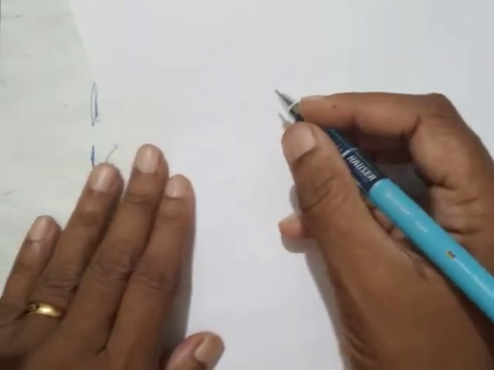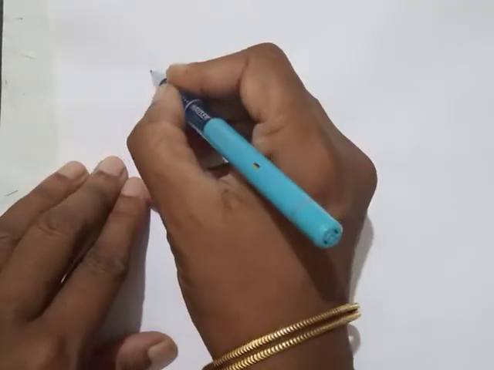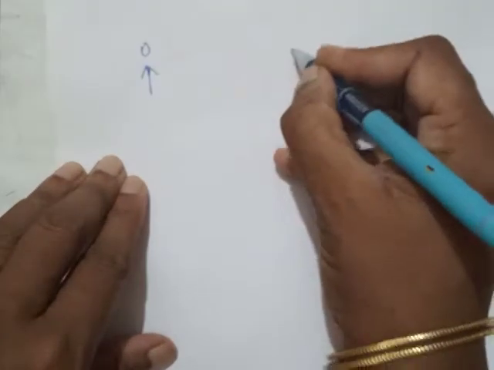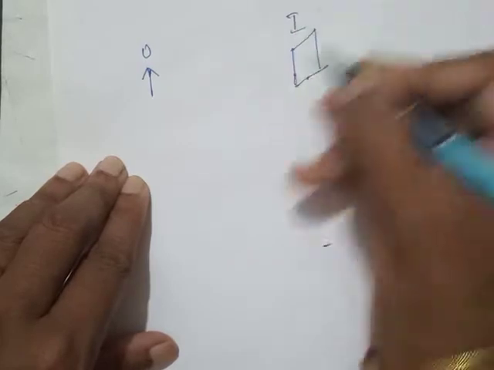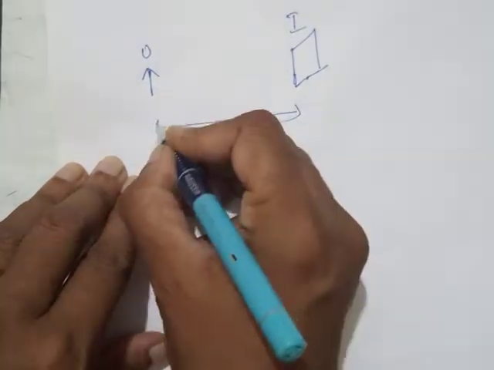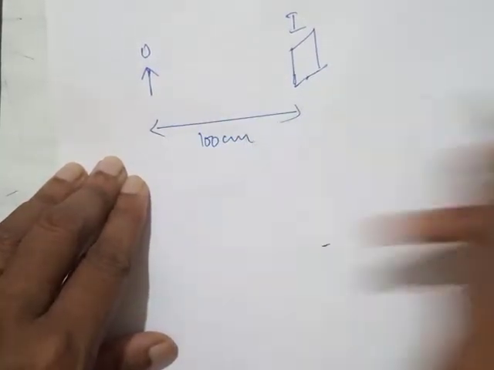It's a little different. An illuminated object lies at a distance of 1 meter from a screen. So they are saying an object lies at a distance of 1 meter from the screen. Now this is your screen, this is where the image is formed. So this distance is 1 meter or 100 centimeter.